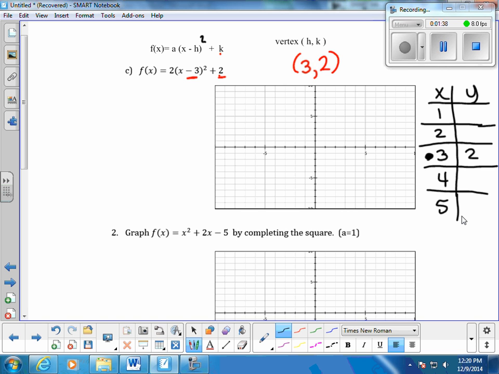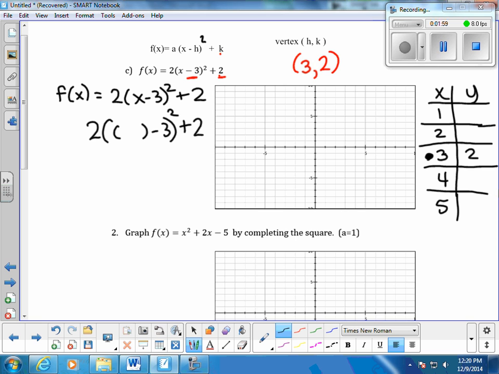Now we're going to do the exact same method that we did on the previous two problems. So I have 2 times x minus 3 squared plus 2. I write my function. Everywhere there is an x, I'm going to put a parenthesis. All I did is everywhere there was an x, I put a parenthesis.